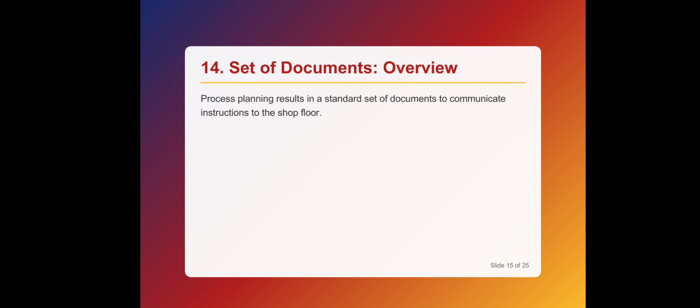Process planning results in a standard set of documents to communicate instructions to the shop floor. It's the final step, called communication: the communication of instructions to the shop floor for manufacturing the particular product.